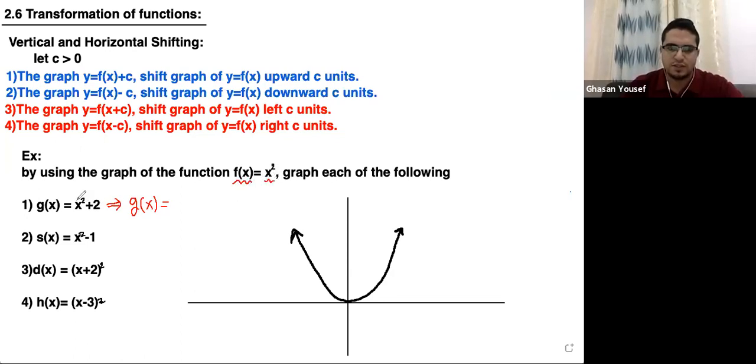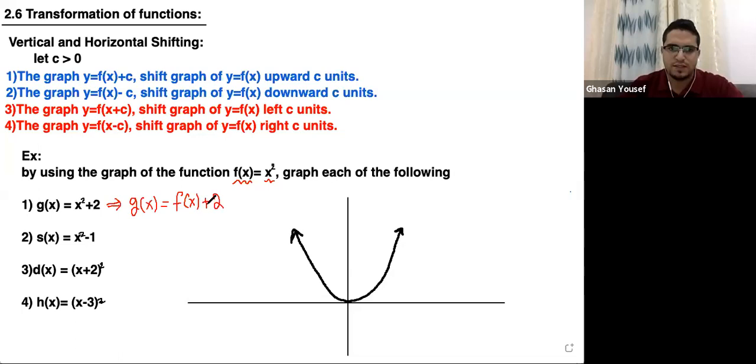So I can substitute the function f of x instead of x squared. So this is f of x plus 2. Now, if you go back to the rules, it looks exactly like the rules. The graph of y, instead of y, I use g of x equal f of x plus 2.